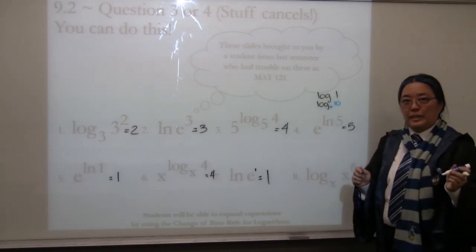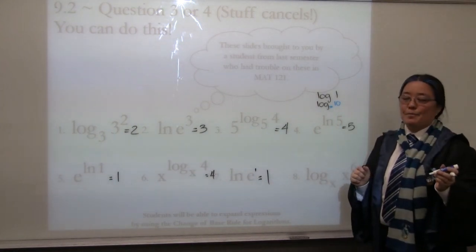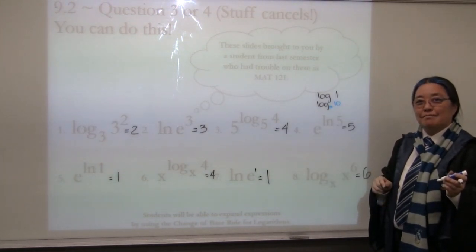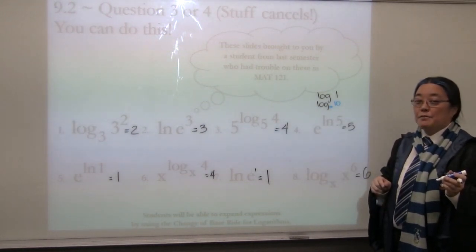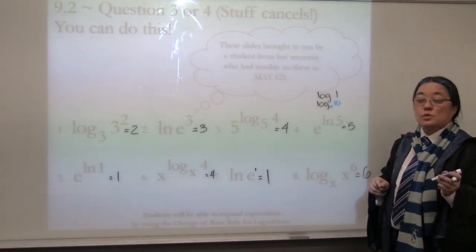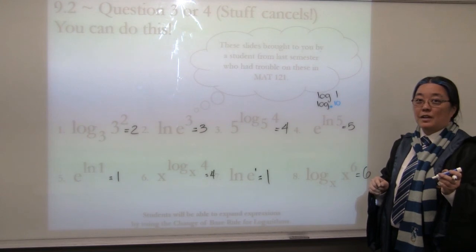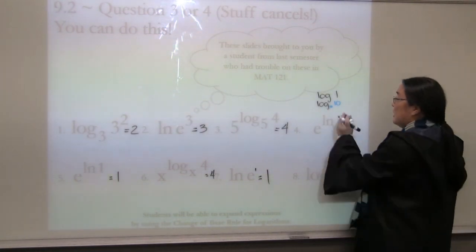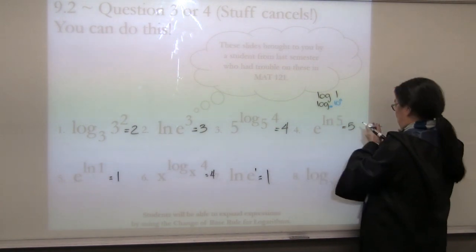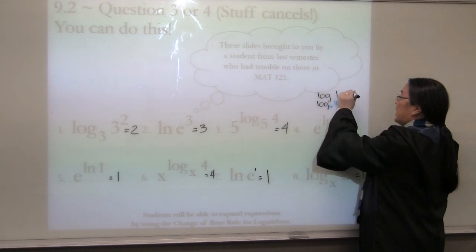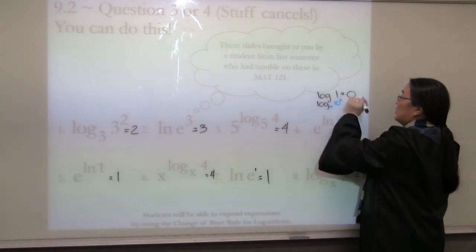Think back to chapter 1 again. So much of this is based on chapter 1. 10 to the what power is equal to 1. If you have to go back and review chapter 1, section 5, so much of what we've done in 099B is based on that one chapter and section. 10 to the 0th power. So therefore these will cancel and you will get 0.